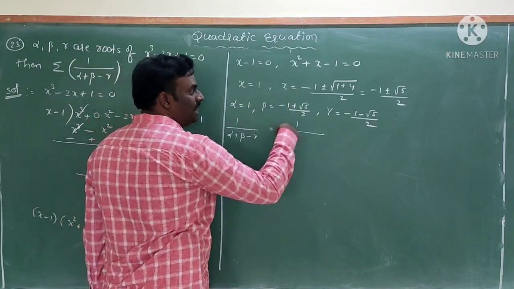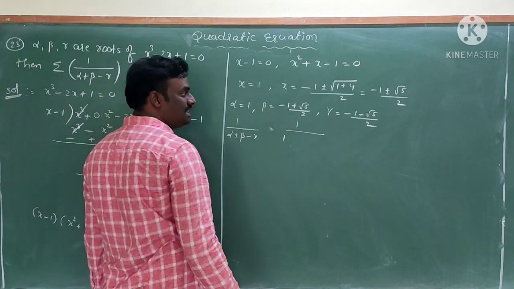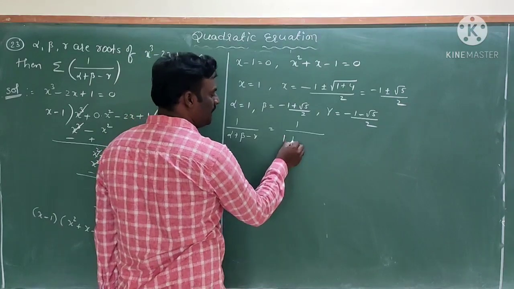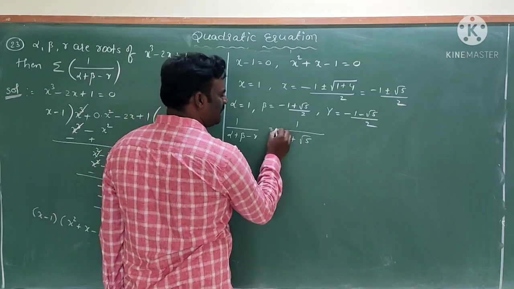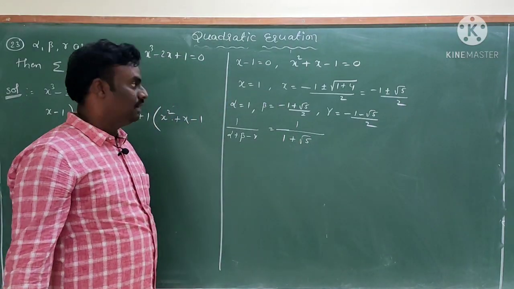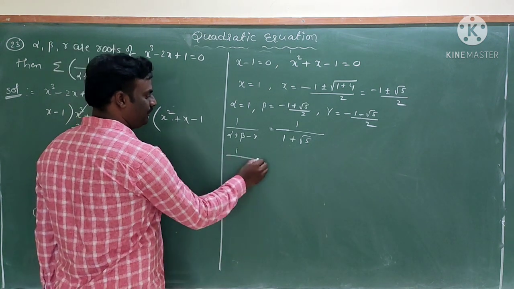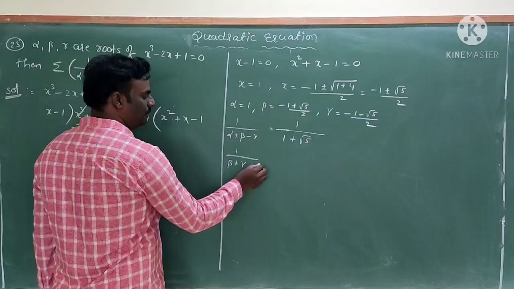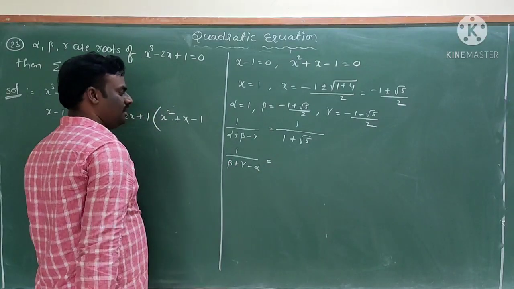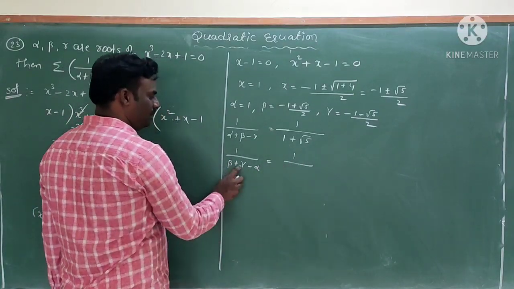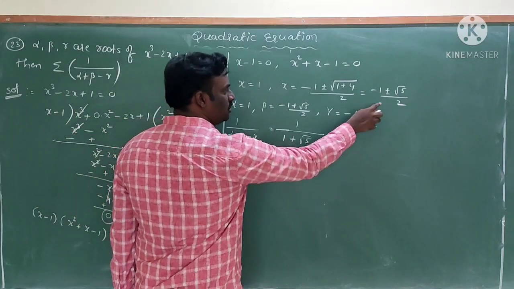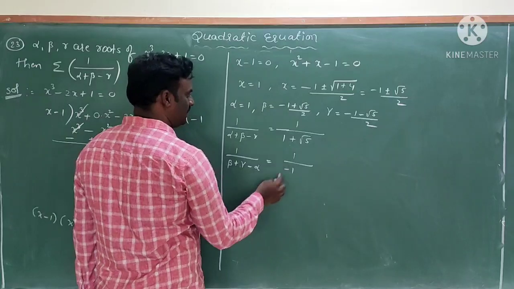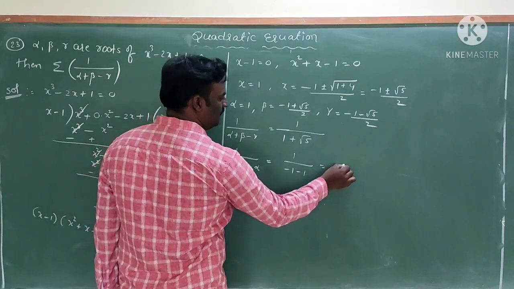Now this minus 1 gets cancelled, then root 5 plus root 5, 2 root 5 by 2, then plus root 5 we get as the answer. Next, 1 by beta plus gamma minus alpha, that equals 1 by beta plus gamma. If you add these two, root 5 cancels, minus 2 by 2, minus 1 and minus 1, then minus 1 by 2 we get.